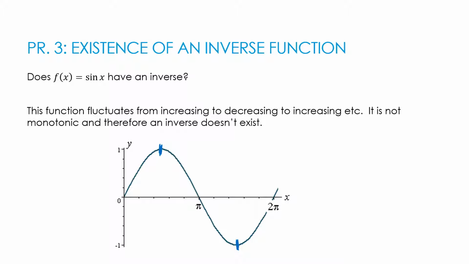As we can see, this guy right here is decreasing over the entire domain and would pass the horizontal line test. And so if I restrict that domain, then I could find the inverse between those 2 points. But right now, because we're talking about the entire domain, clearly this is going to fail. It's not monotonic, and therefore there's no inverse.